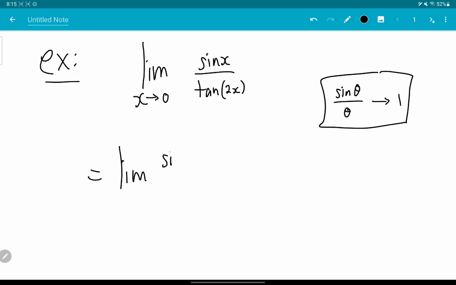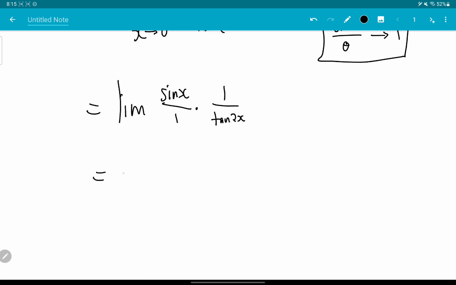So I'm going to go and take this fraction, kind of factor it. Then I will recall that tan of an angle is sine of the angle over cosine of the angle.